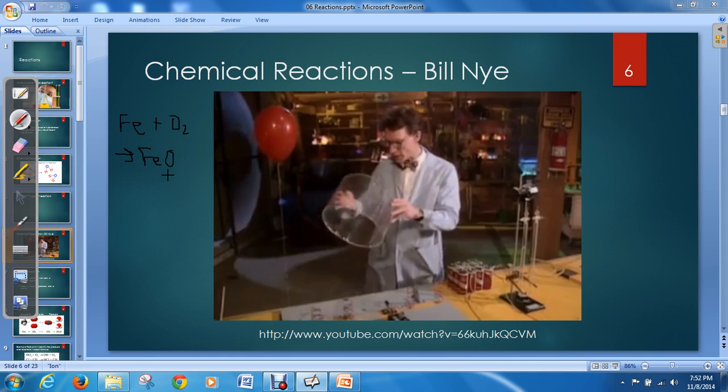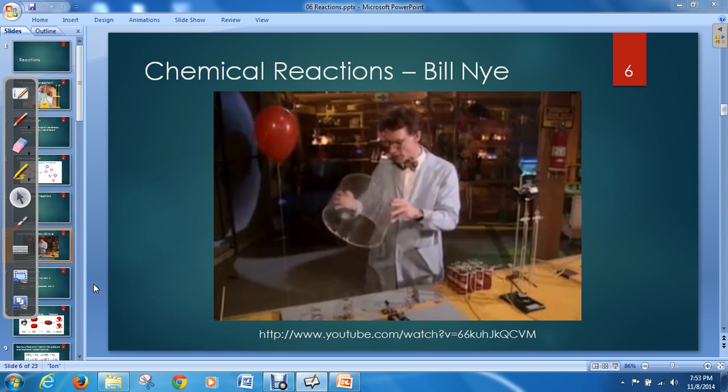If you watch the video, you'll see this kind of orangish colored stuff that ends up at the bottom. That's actually rust he's making. So he's taking iron and oxygen, two completely different substances, and he's making an entirely new substance, iron oxide or rust. That's a great example of a chemical reaction.